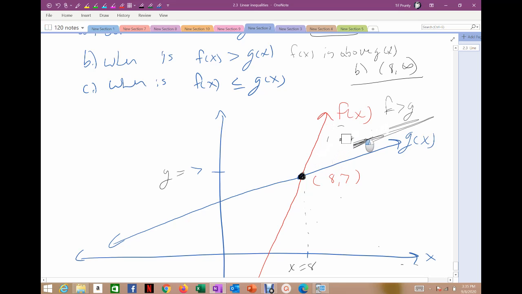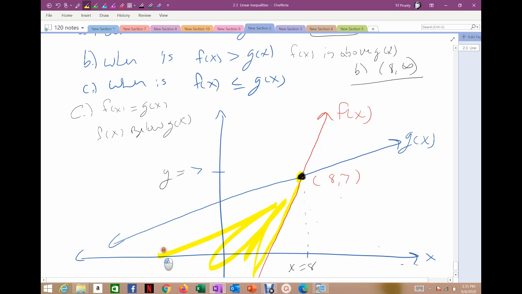Then the last question. I'm going to erase what I've drawn here because I'm going to redo stuff. So C is when is f of x less than or equal to g of x, so they're equal to, so I'm allowed to have 8, that's when they're equal. I want when f of x is equal to g of x and when f of x is below g of x. Both of those things need to be true. And so when does that occur? Well, they're equal at that moment. And then f of x is below g of x, it's below the blue function here, going all the way back.